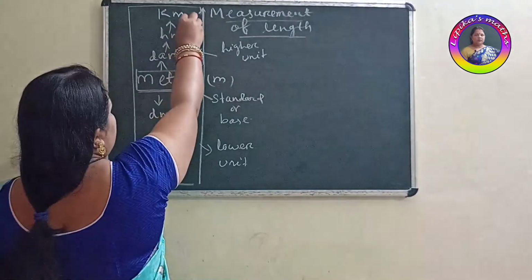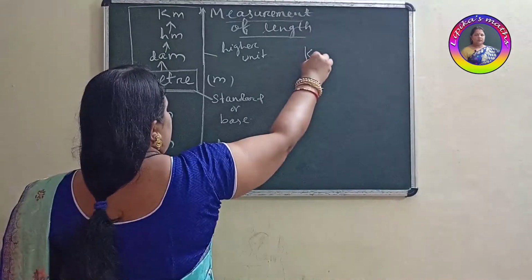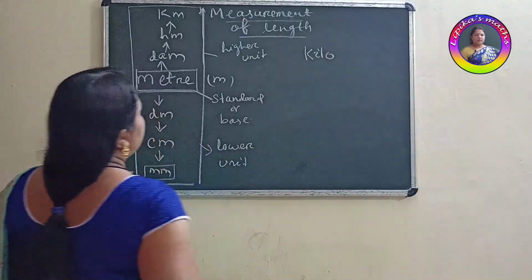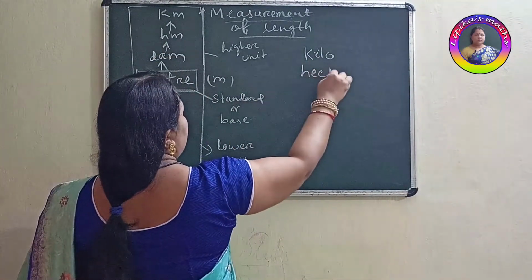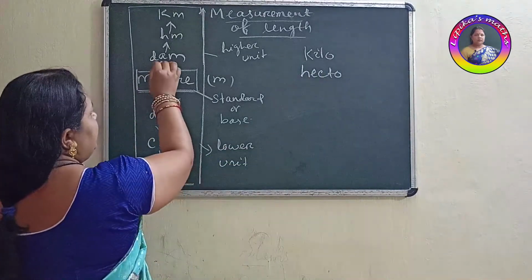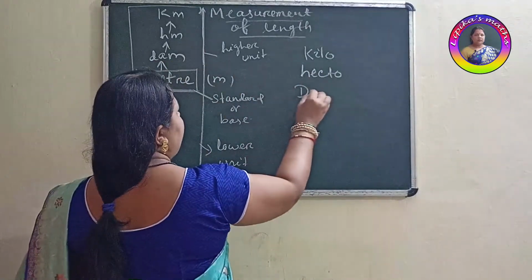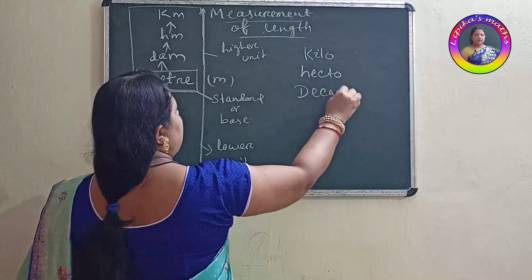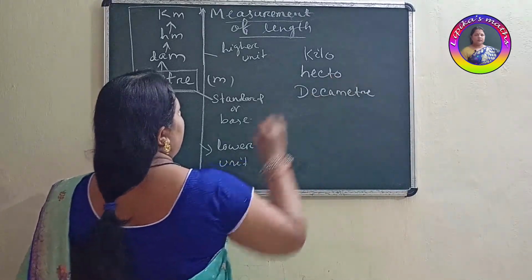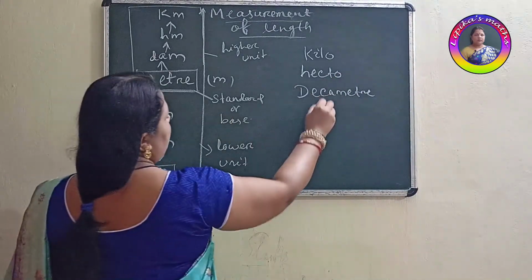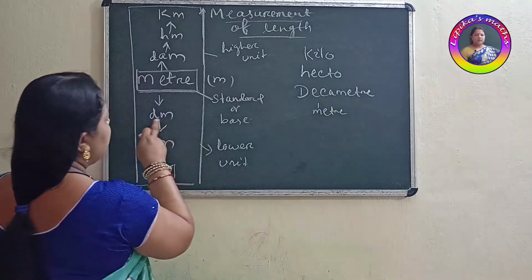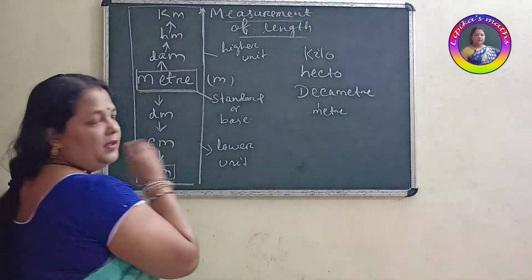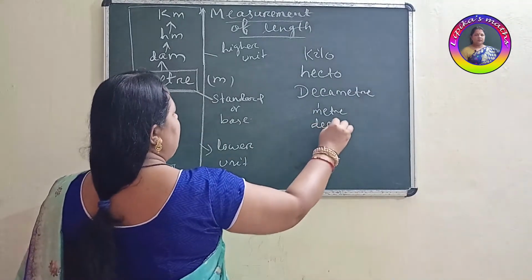So I have written these in short form, children. This km stands for kilometer. Next hm, that is hectometer. Next dam stands for decameter. Next, the standard unit is your meter. Next, the lower unit written here is dm. Dm stands for decimeter.